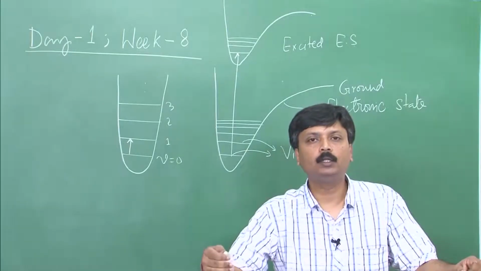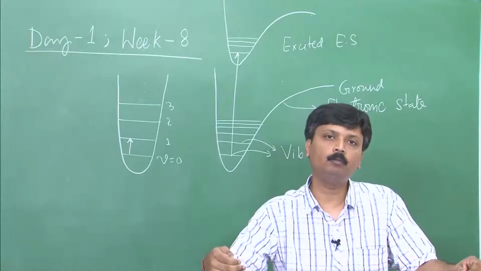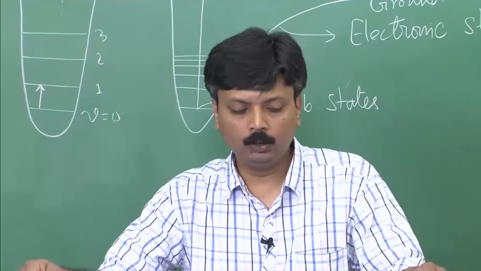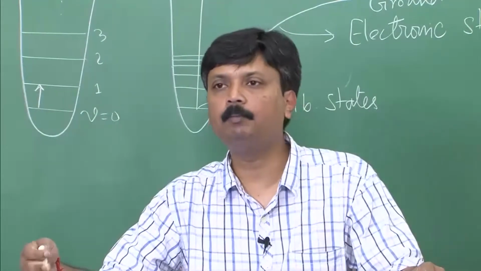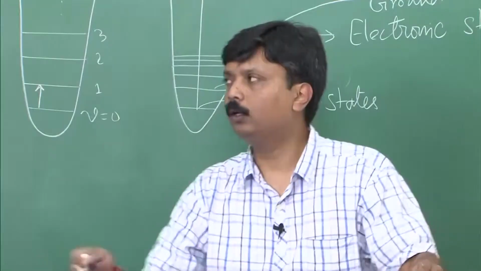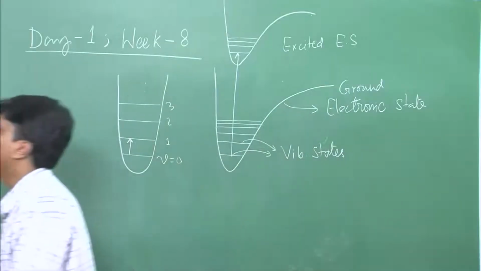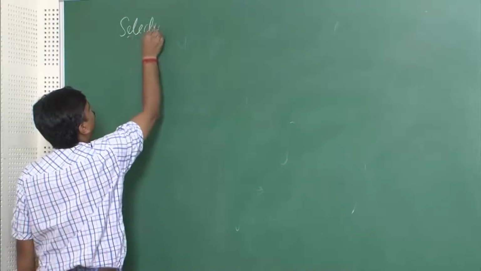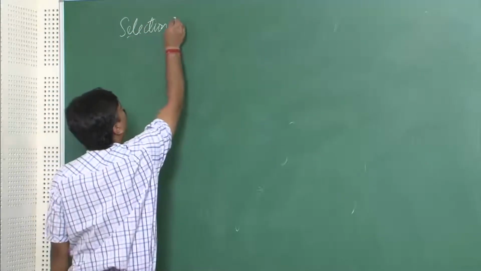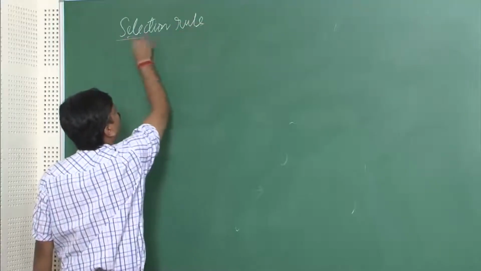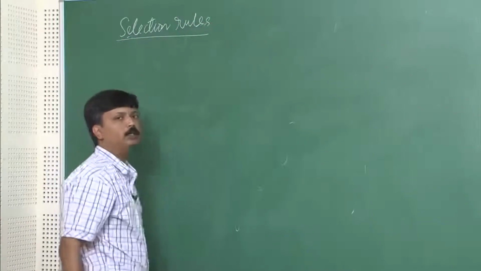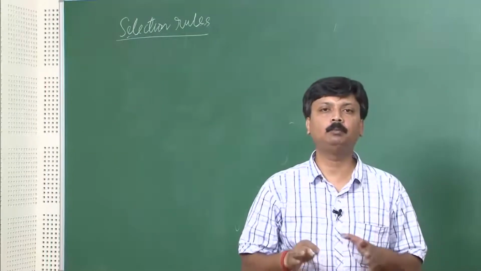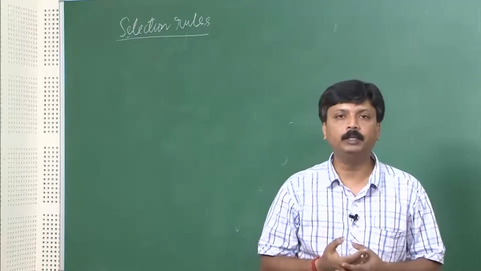How can we get all these things from our knowledge of group theory and symmetry? That is what we will look at. So, let us start from the very basic things which will lead us to the selection rule. Finally, our aim is to get the selection rule for the transition moment, for the band intensities, and also we will learn about something called the Franck-Condon principle.